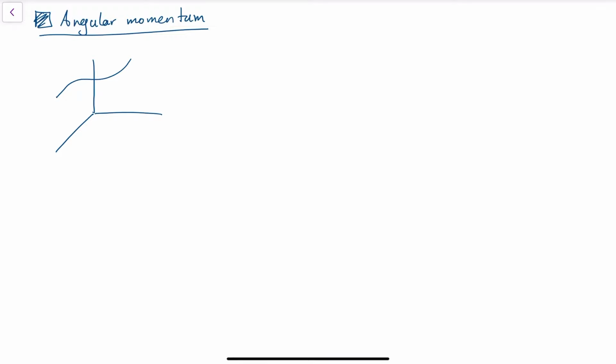So it is a particle randomly moving around in a space. Doesn't matter really what it is doing, but it has a velocity vector like this, and let's take the origin for instance, point O.